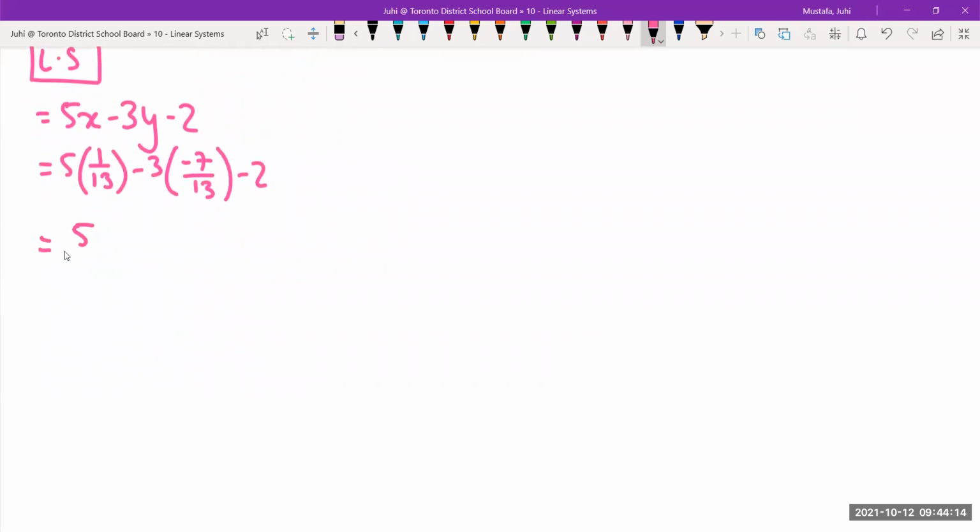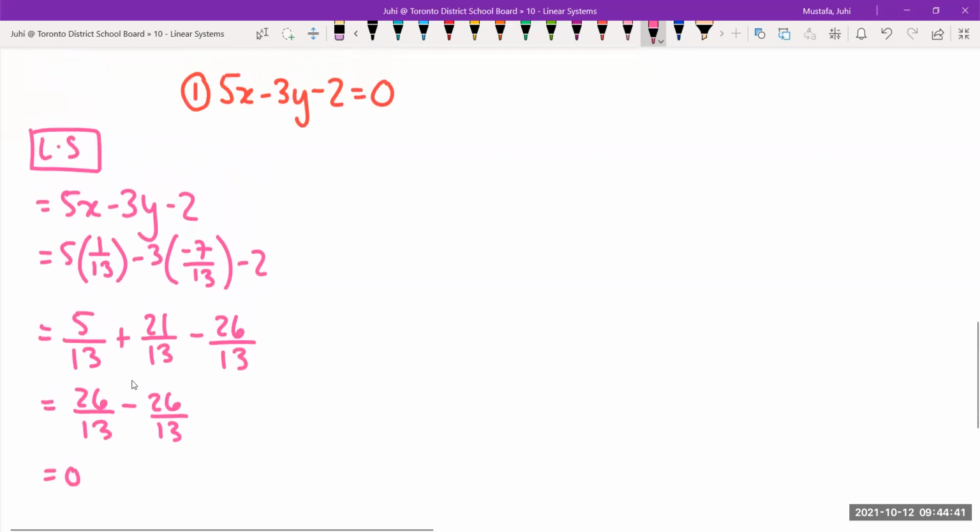So this is going to be 5 over 13 plus 21 over 13 minus 26 over 13. Because I just made this into a fraction, multiply the top and the bottom by 3. This will be 26 over 13 minus 26 over 13, which ends up being a 0. And that works out really, really nicely because the right side of the equation is a 0.